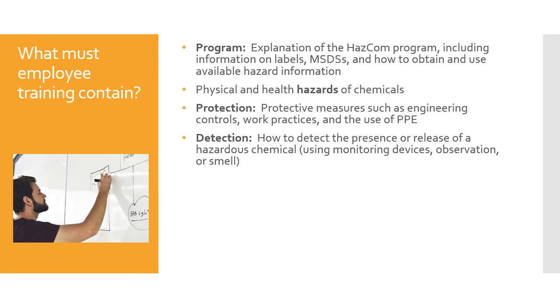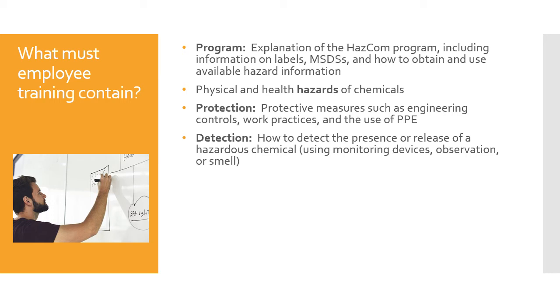What must employee training contain? Program: explanation of the HazCom program, including information on labels, MSDSs, and how to obtain and use available hazard information. Physical and health hazards of chemicals. Protection: protective measures such as engineering controls, work practices, and the use of PPE, personal protective equipment.